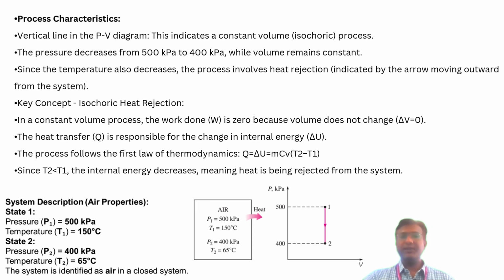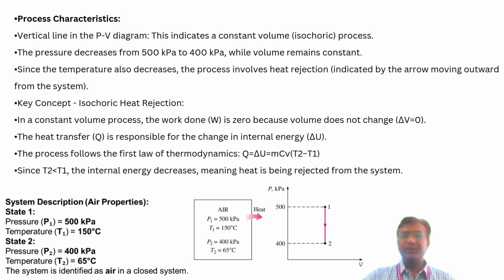So the final temperature is less as compared to the initial temperature. Therefore, heat is not stored in the system; heat is rejected from the system because there is a fall in temperature.